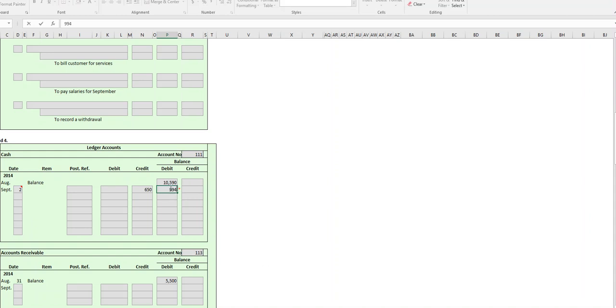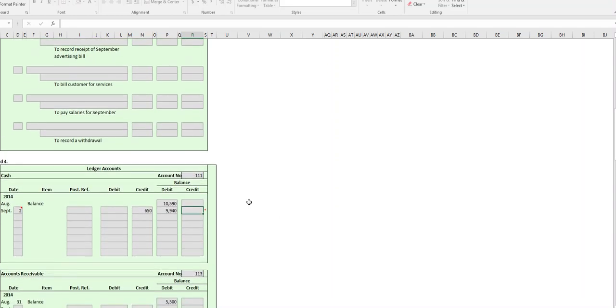So 9,940, there we go, and it disappeared, so that was right. If I put something over here, it's going to put an asterisk. That means nothing goes there. Remember, we don't put anything over there. It shouldn't even be a 0, so I just leave it blank.